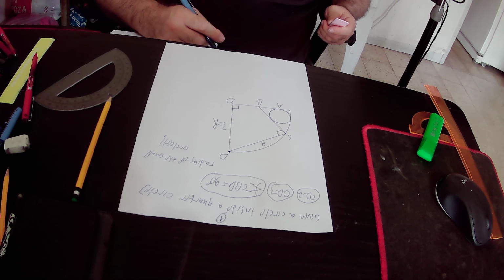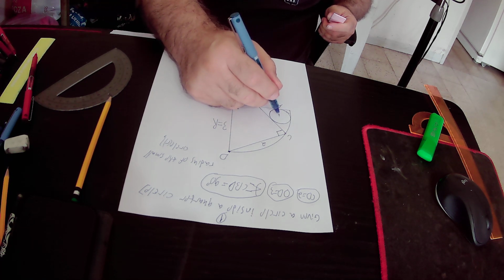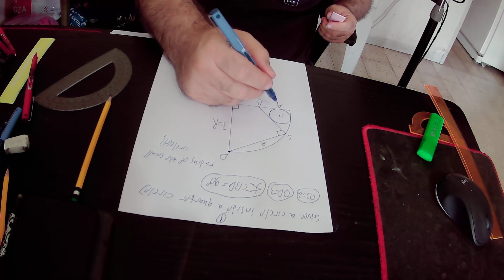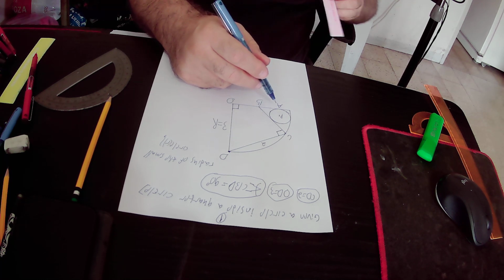Okay, so we will define the center of the small circle as point P, and then we will join together points A and P by a straight line.